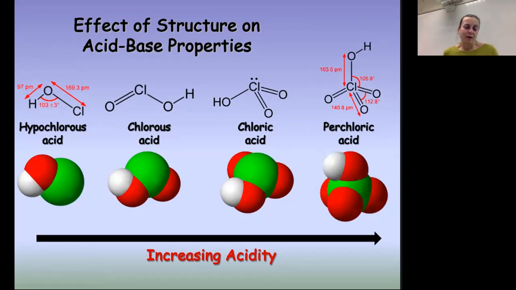So one way to think about acid-base properties is to think about how polar or how strong or weak that oxygen to hydrogen bond is. Another way to think about the strength of acids is to think about the stability of the conjugate base. So the more stable the conjugate base is, the smaller the Kb is going to be, and therefore the larger the Ka is going to be.